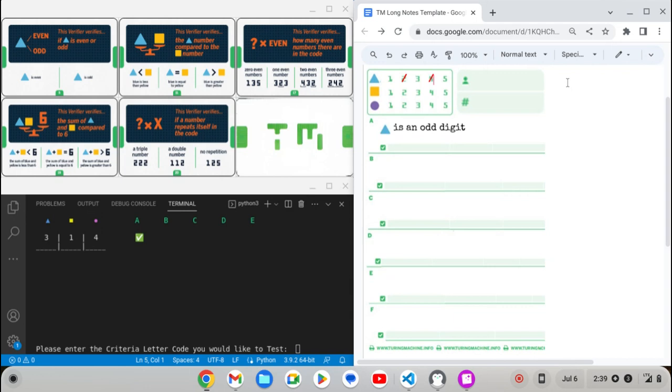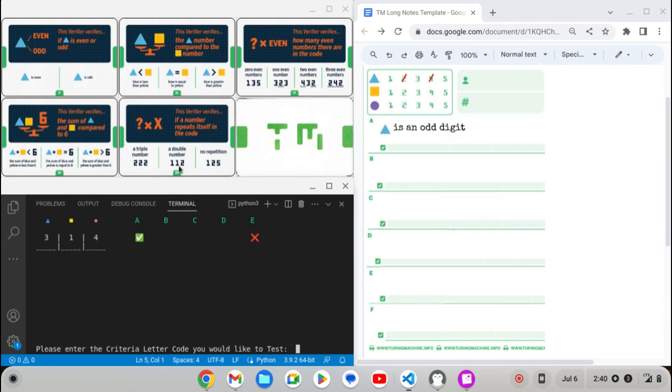All right. So next, I think I'll test criteria card E to see if there are no repeating digits, perhaps it's a double or maybe even a triple. So let's go ahead and test E. Okay, so it does not approve of my initial proposal of 314. Notice that 314 are indeed unique, meaning there are no repetitions, but the Turing machine does not approve of that.